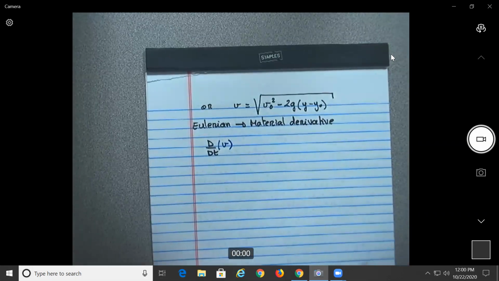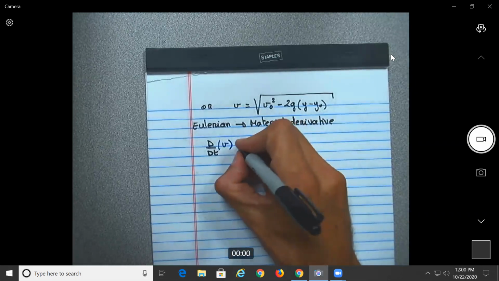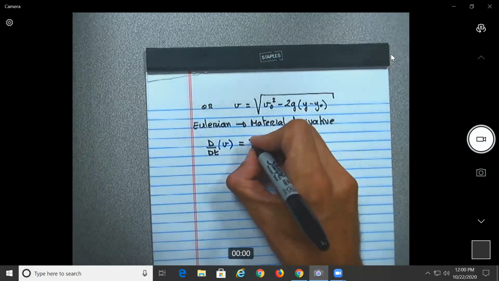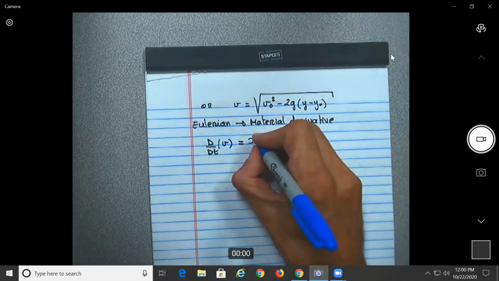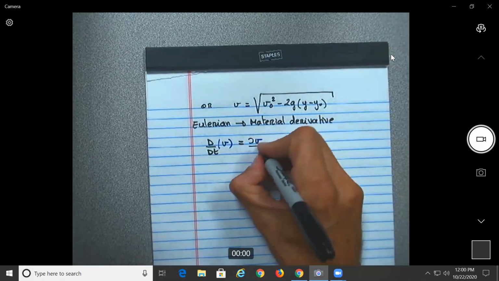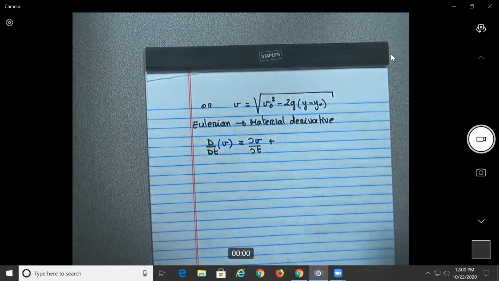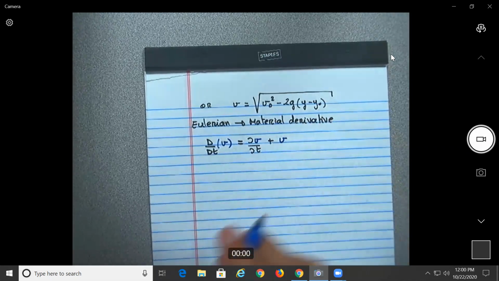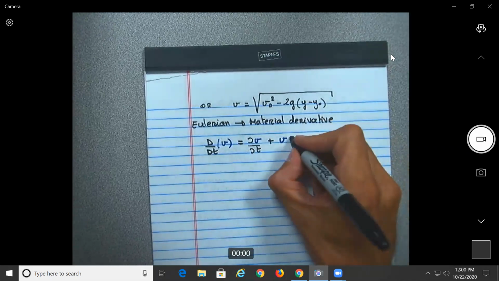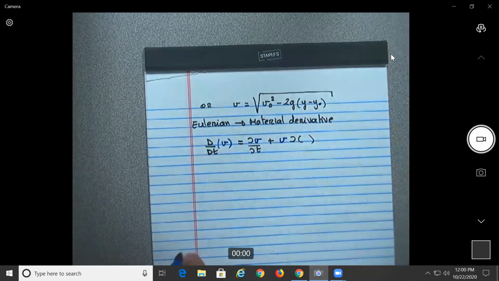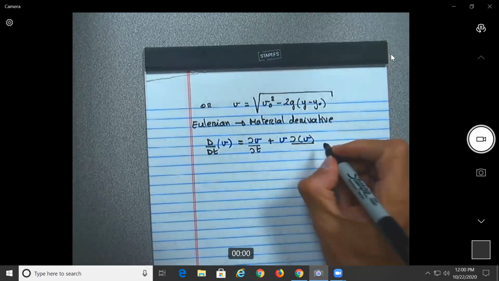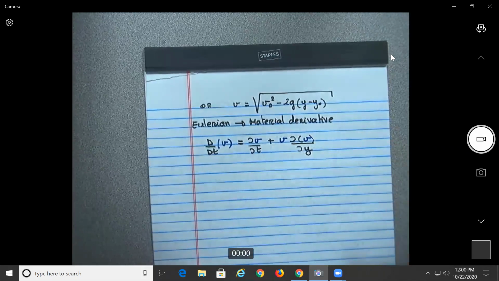The velocity is equal to the partial derivative of the quantity we're trying to study with respect to t, plus v, the velocity, times the partial of the quantity we're trying to study, which is v, with respect to y.